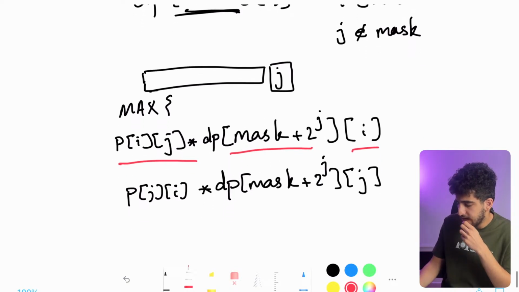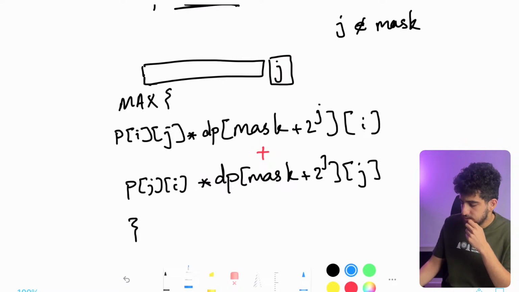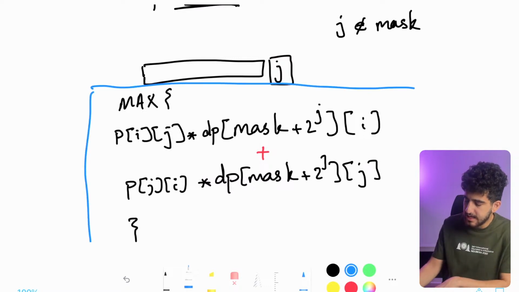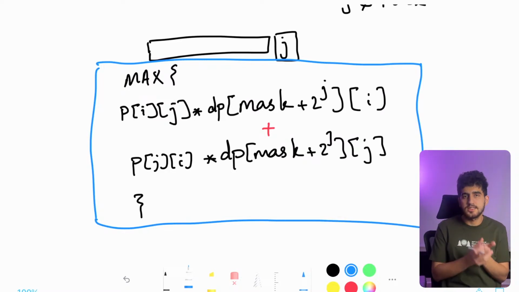So we have to add these two values, and this way at the end we calculate the maximum over all possible j's, and that is going to be our answer.